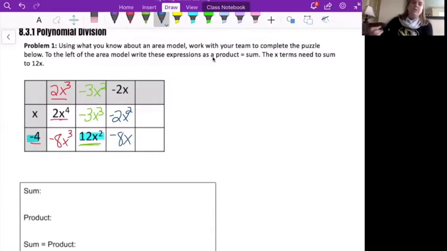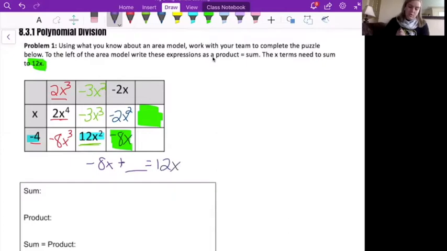We see that there are still some more boxes, and this is where this random thing, or what seems to be random from our problem, is giving us. We want whatever this and this is to add up to be 12x. So we want negative 8x plus something to give us 12x.